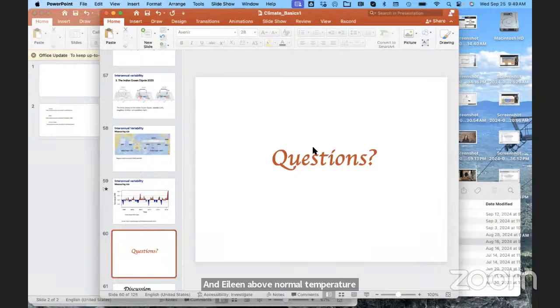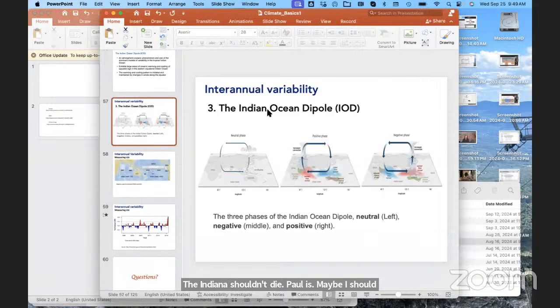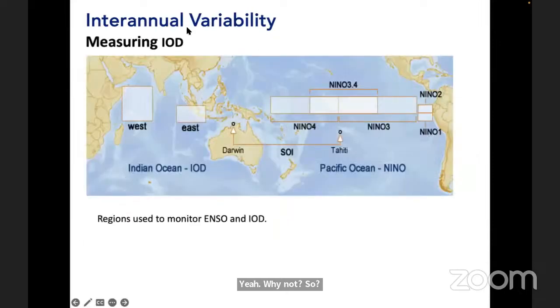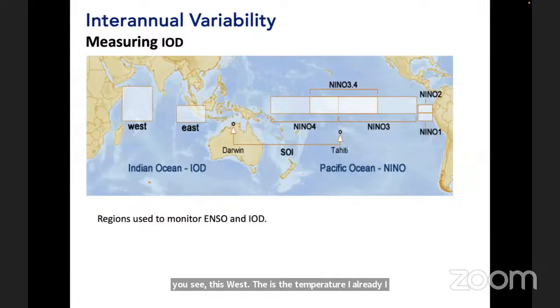The Indian Ocean dipole is, maybe I should explain that one. So this is the Indian Ocean. IOD stands for Indian Ocean dipole. Dipole means two poles, so it is the temperature between the west and east parts of the Indian Ocean.